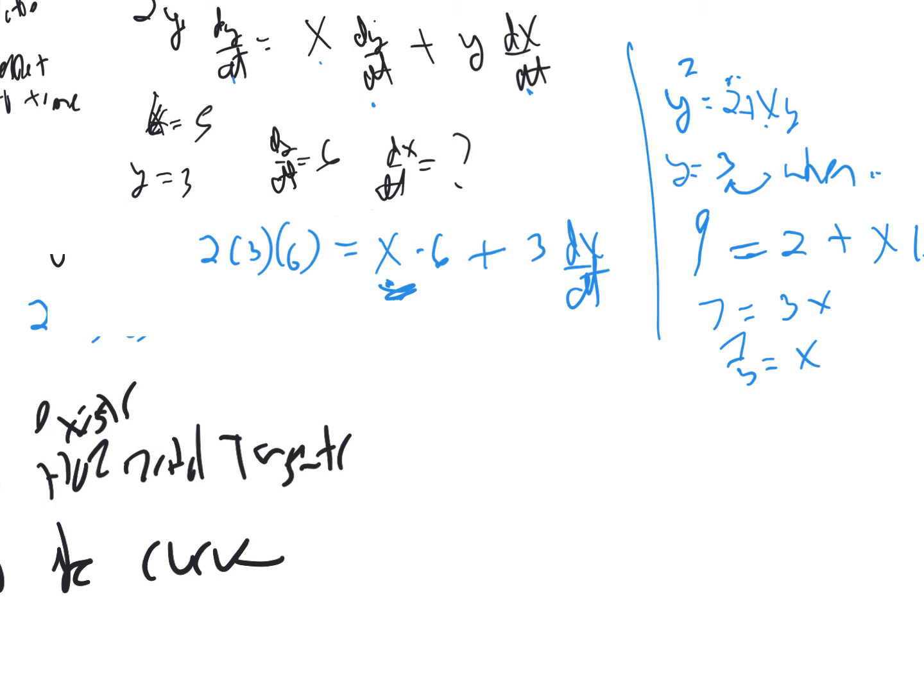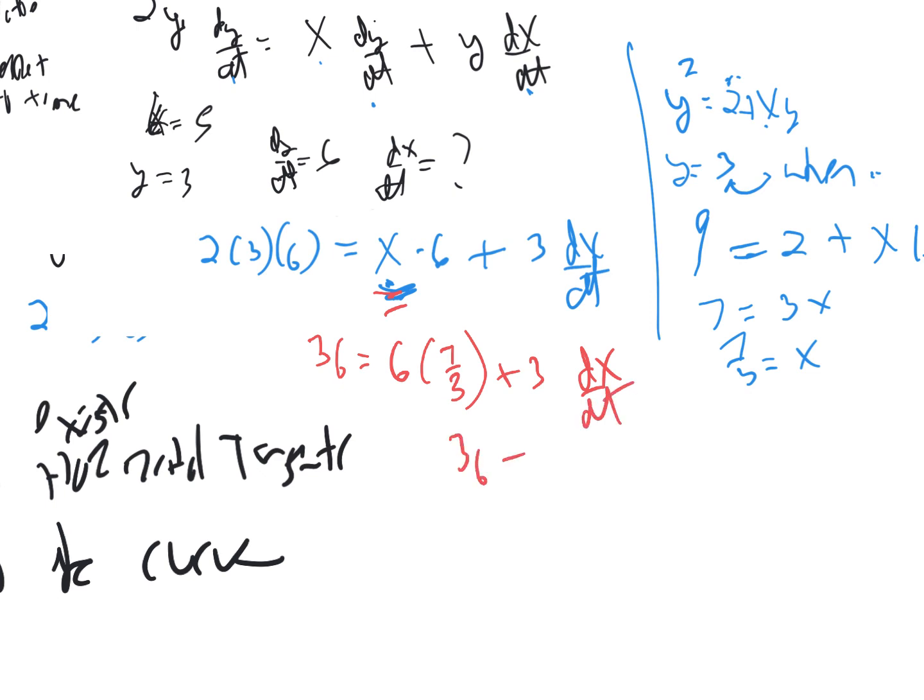So I take that, I can now finish my problem. I can now say 2 times 3 times 6 is 36, equals 6 times the x that I didn't know a minute ago, 7/3, plus 3 dx/dt, which I'm looking for.